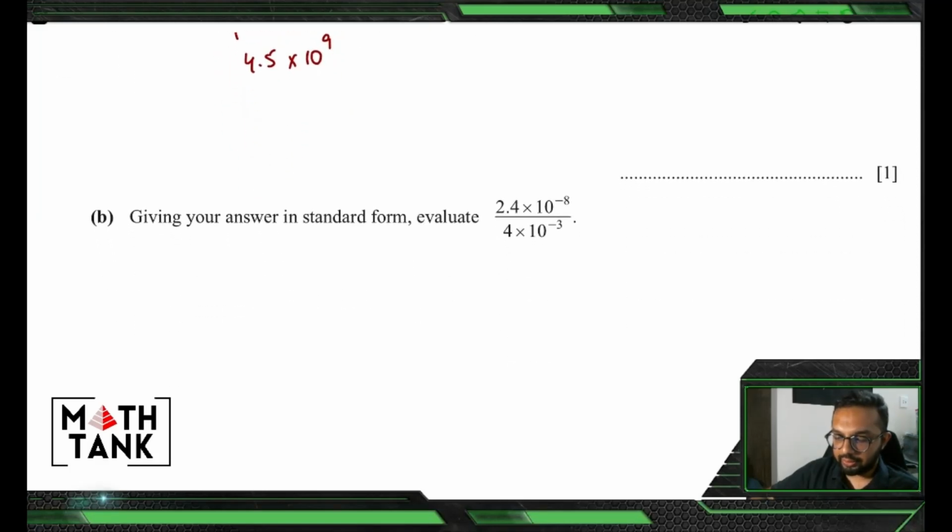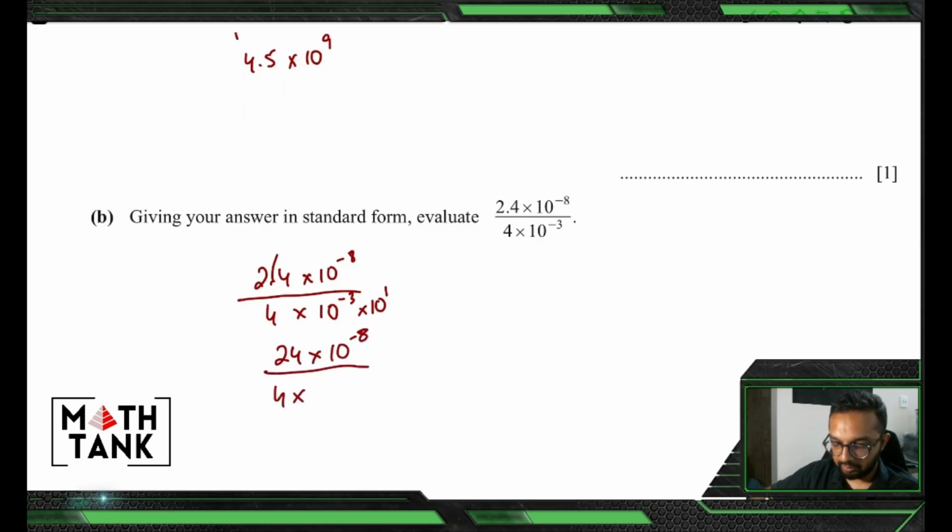Then this is another question on division for standard form. Remember that division does get a little tricky, because you have to divide the numbers and you have to subtract the powers as well. So first what I'm going to do is remove this decimal, put a 10 power 1 outside and simplify this.